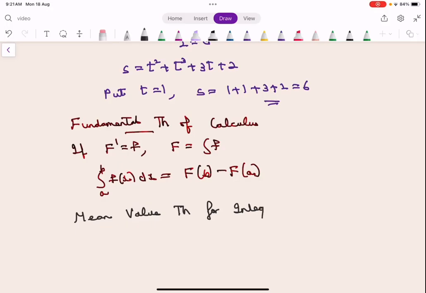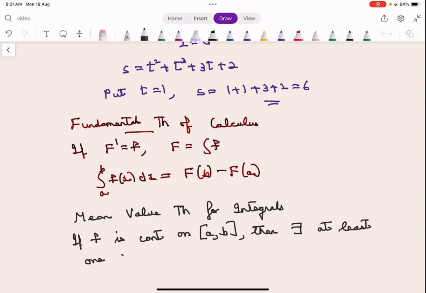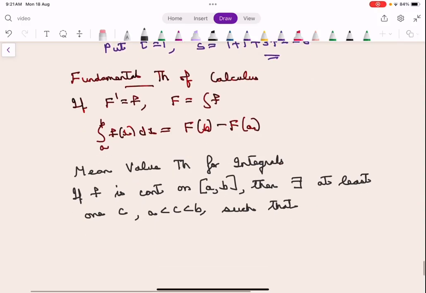The mean value theorem for integrals says that if f is continuous on the closed interval [a, b], then there exists at least one element c, where c lies between a and b, such that integral a to b f(x) dx equal to f of c into (b minus a). So that's the mean value theorem.